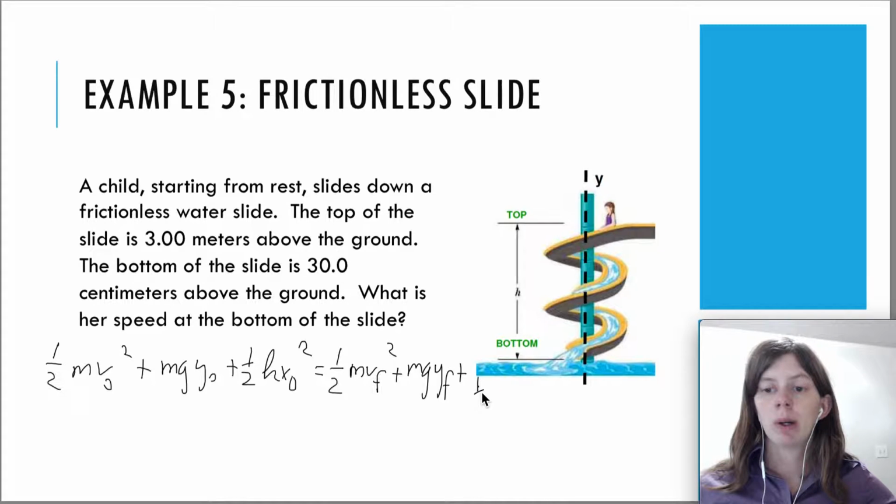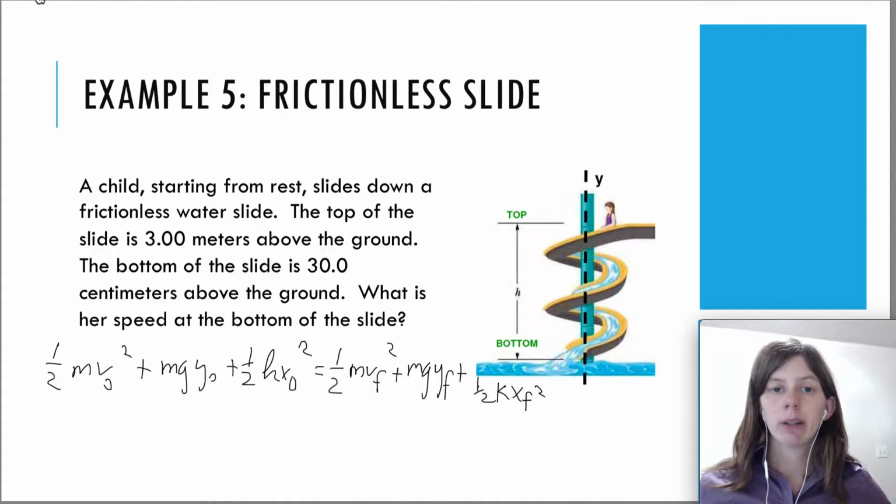So plus 1/2 kx final squared. So you write down the equation. This is your initial kinetic energy, your initial gravitational potential energy, your initial spring potential energy, and then the final energies.